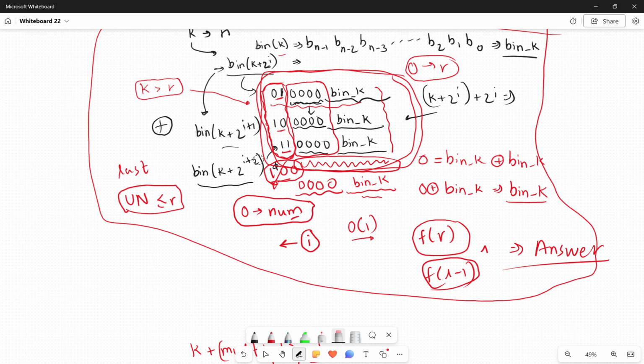They are basically the representation of k, k plus 2 to the power of I, k plus 2 into 2 to the power of I, k plus 3 into 2 to the power of I. So here it should be 2 to the power of I into 3. Okay, so that is the thing.